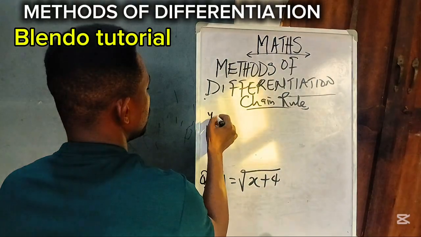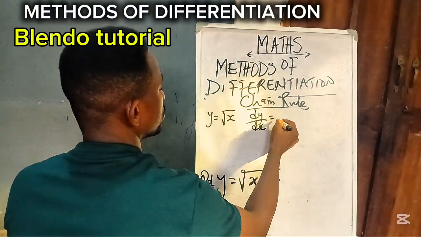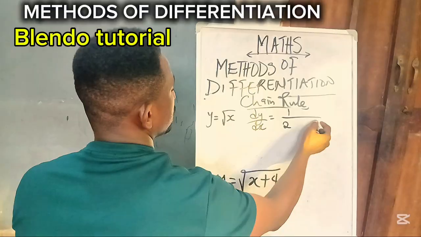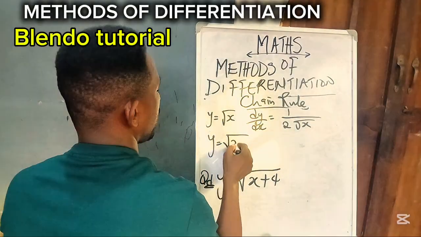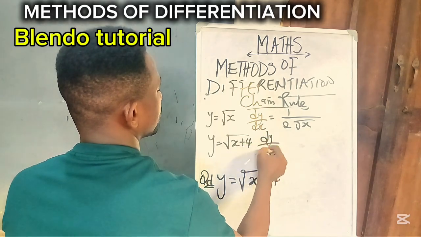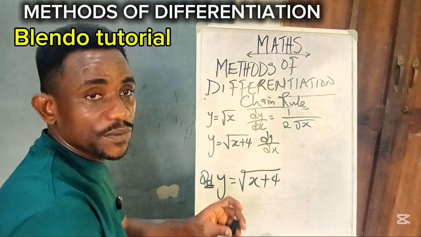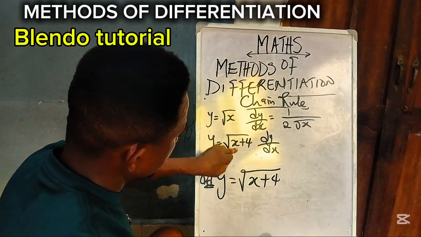Now, y is equal to root x, dy/dx is equal to 1 all over 2 root x. Y is equal to root of x plus 4. So what is dy/dx? How do we solve this? Very simple. You see, here is x and here is x plus 4.